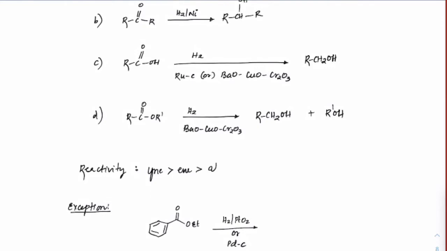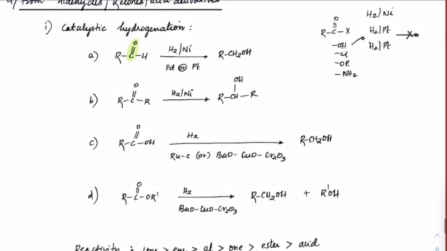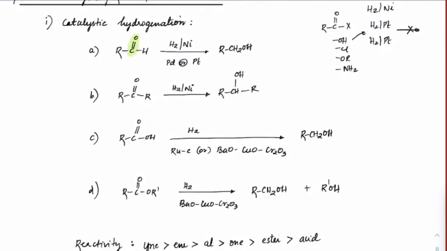Then aldehydes are more reactive, then ketones, then esters, then acids. Anhydrides and amides are rarely found. So we would usually see esters and acids. So this is the reactivity order, please make a note of that.